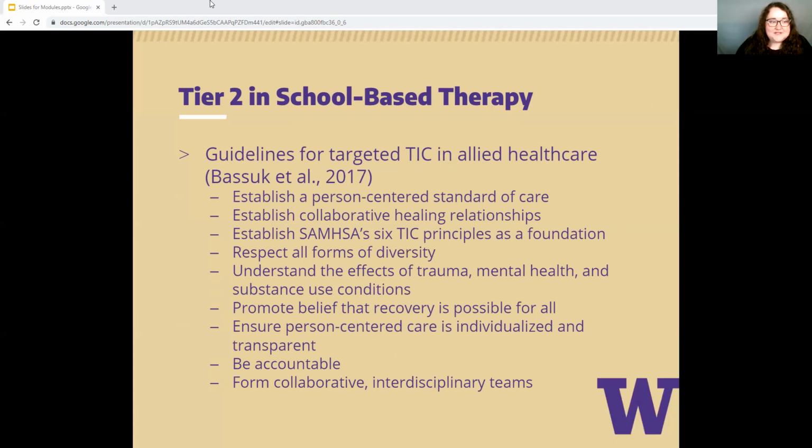This includes establishing a person-centered standard of care, establishing collaborative healing relationships, upholding SAMHSA's 6 trauma-informed care principles as a foundation, as we described in Module 3, respecting all forms of diversity, understanding the effects of trauma, mental health, and substance use conditions, promoting the belief that recovery is possible for all, ensuring person-centered care is individualized and transparent, being accountable, and forming collaborative interdisciplinary teams.